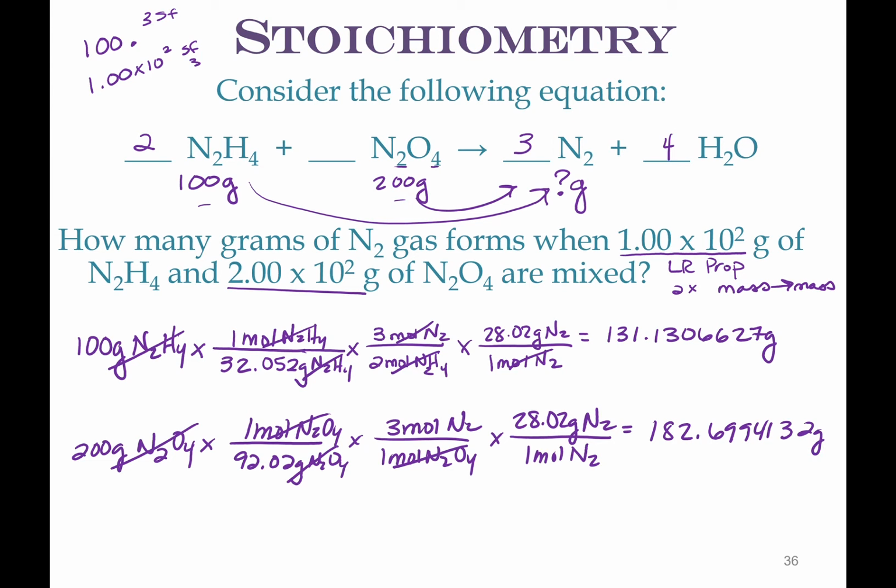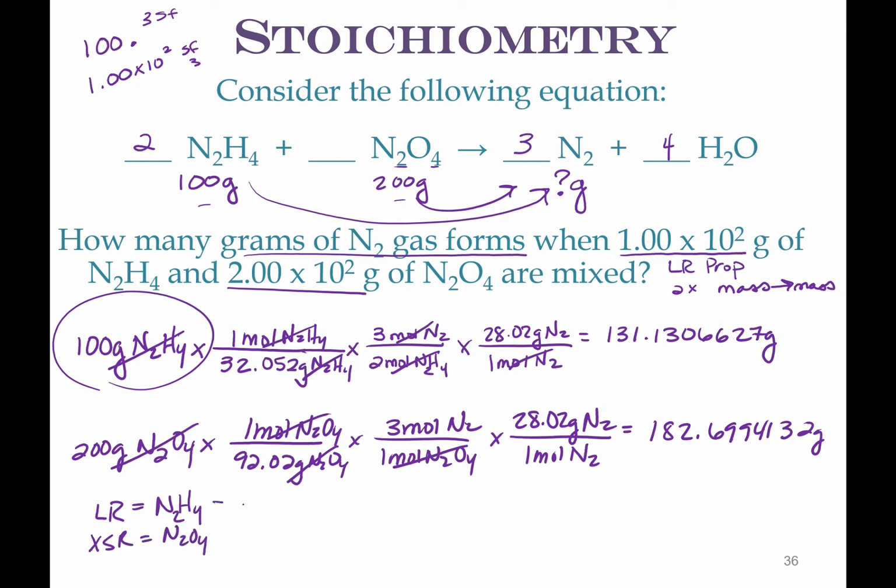So in this question, the first question, or might be the only question, is going to be how many grams of nitrogen form? So how many grams of nitrogen can form? We need to find what is the limiting reactant. So the limiting reactant is going to be N2H4. The excess reactant is then N2O4.